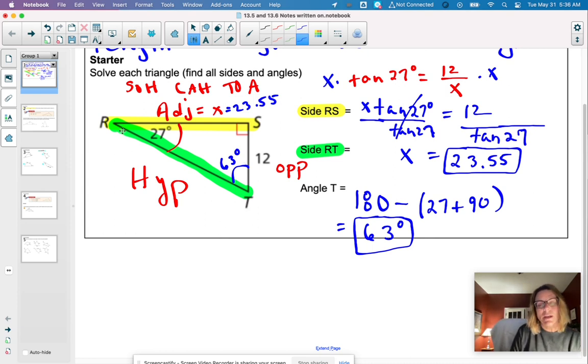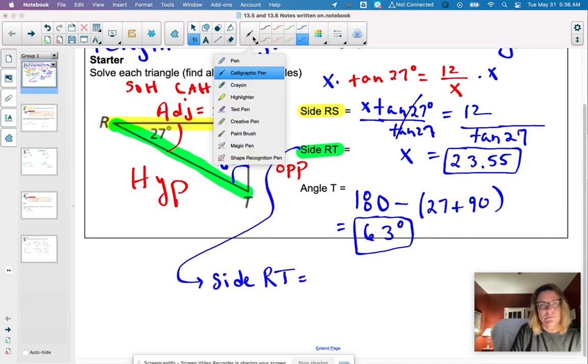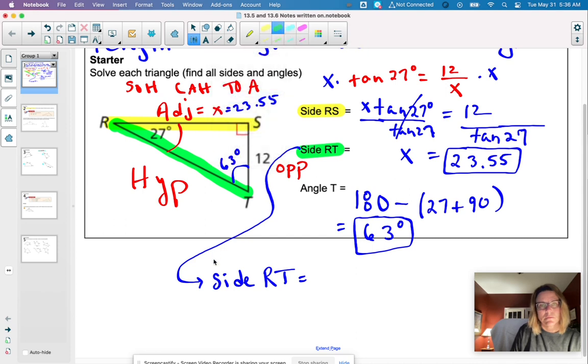The last side that they're asking us to find is side RT. And RT is the hypotenuse. So if we call this our hey, look at me theta angle, I have a couple different options actually.